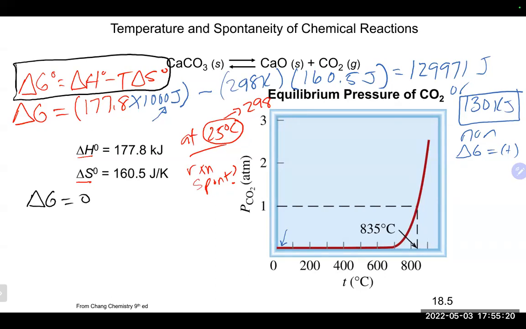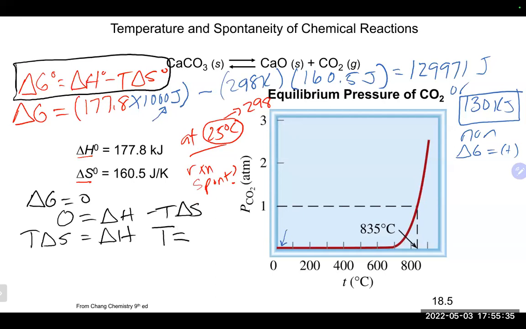So kind of to the left there, 0 is negative. So if we set delta G equal to 0, that gives us 0 is equal to our delta H minus T delta S. Rearranging, bringing the T delta S to the other side gets us a T that is equal to the delta H divided by the delta S in this particular case.